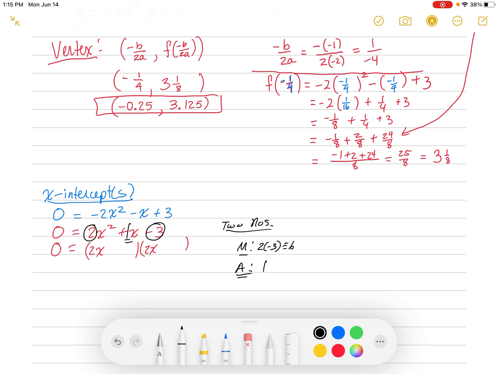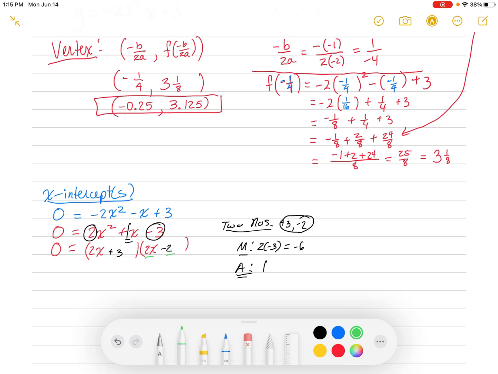And two numbers that also add to give the middle number here of 1. So what two numbers multiply to give minus 6 and add to give a positive 1? Well, positive 3 and negative 2 multiply to give minus 6 and add to give positive 1. So I'll put a positive 3 here and a minus 2 here.